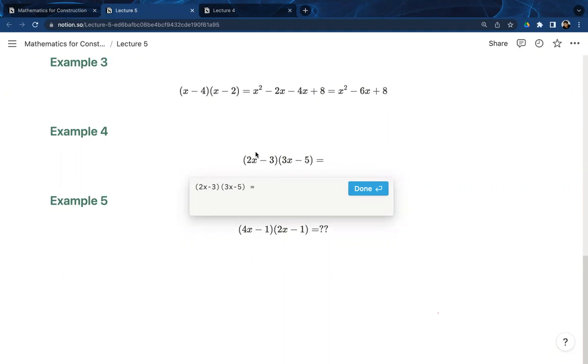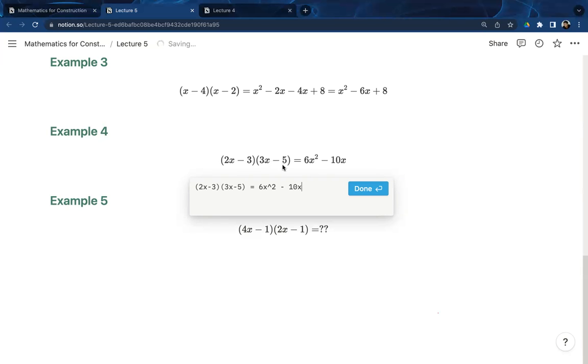So take the first term in the first bracket and multiply everything in the second bracket. 2x by 3x, 6x squared. 2x by minus 5x, minus 10x. Then you do the same thing for the second term. Take the second term here, negative 3, and multiply by everything in here.